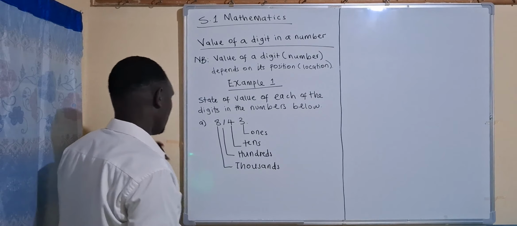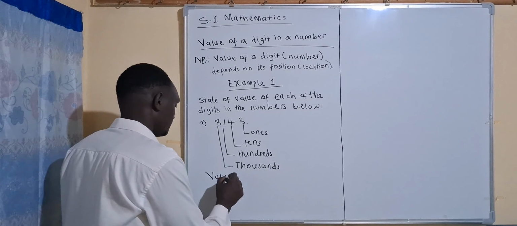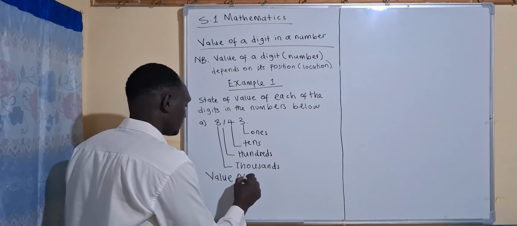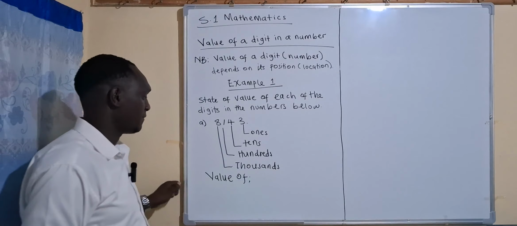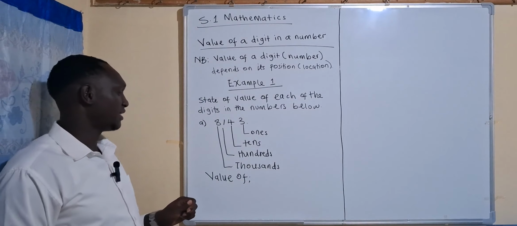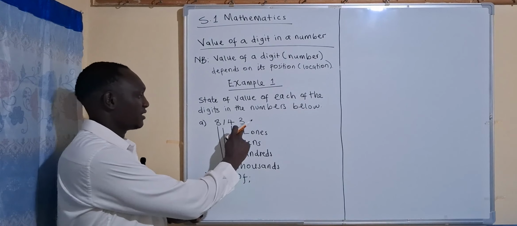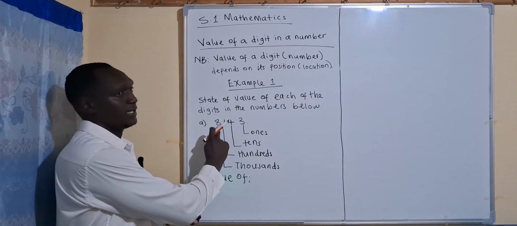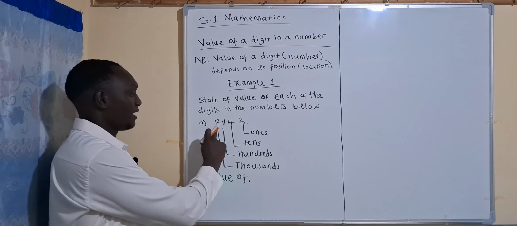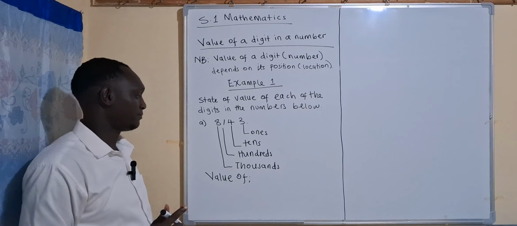Now, when we look at their values, so let me say value of, just terminate like that. Value of 3. How you start does not matter. You can start by giving the value of 3, 4, 1, and 8. Or you can start by giving for 8, 1, 4, and then 3.